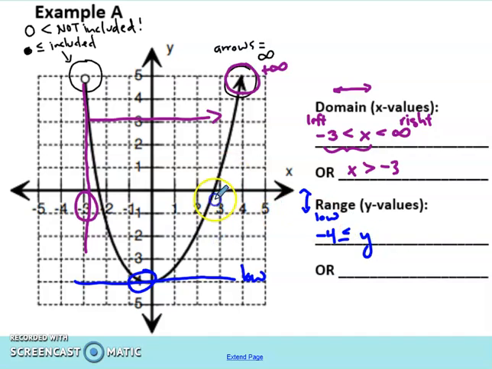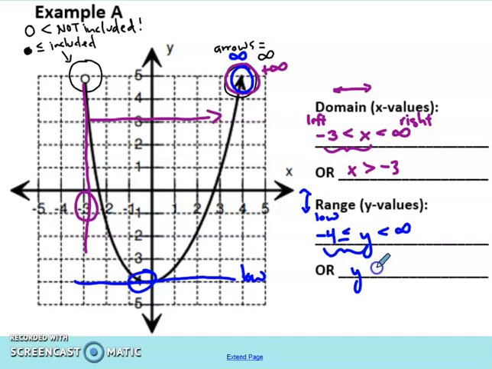And now I have to see my highest point. I see this, but the arrow over here trumps that. So my Y value is still going to go up. Arrows are more powerful than dots, okay? So this is going to be less than positive infinity as well, which means I could also write it, remember, drop the infinity part and read the other part.